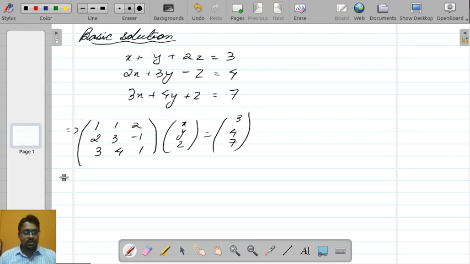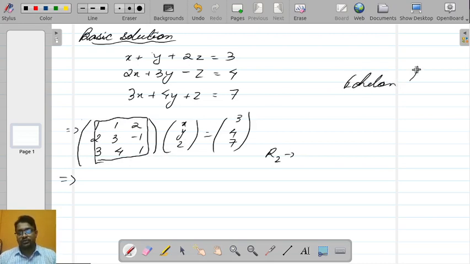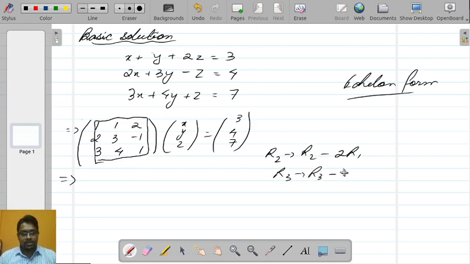This is the system, and then we apply elementary transformations to convert this coefficient matrix to echelon form. Here we write R2 changes to R2 minus 2R1, and R3 changes to R3 minus 3R1.